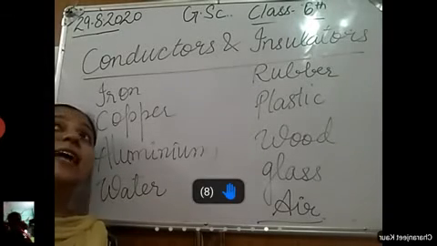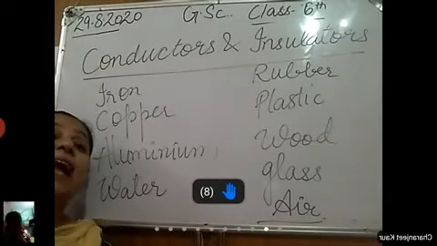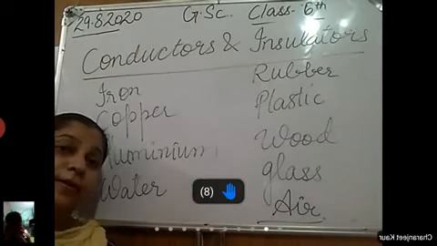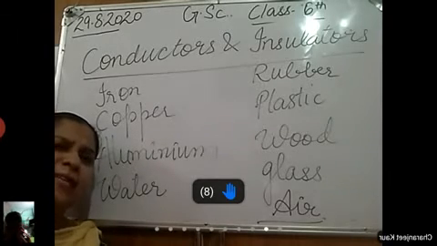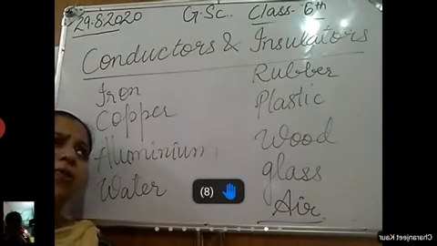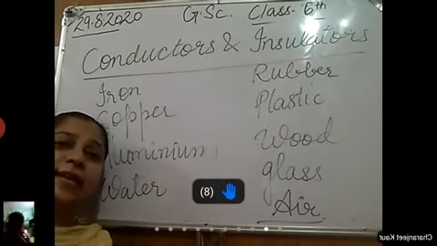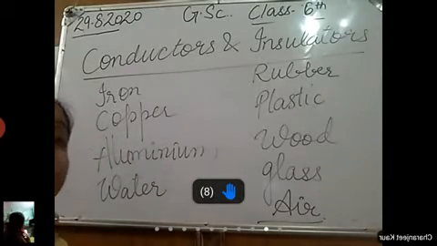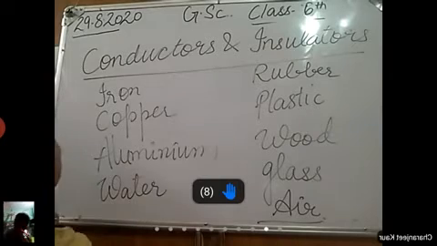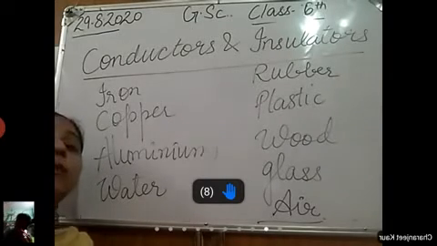One question is asked: electricians have test pins or other devices with which they check the electricity. They are generally covered with plastic covering. Why so? Again, plastic coverings are insulators.